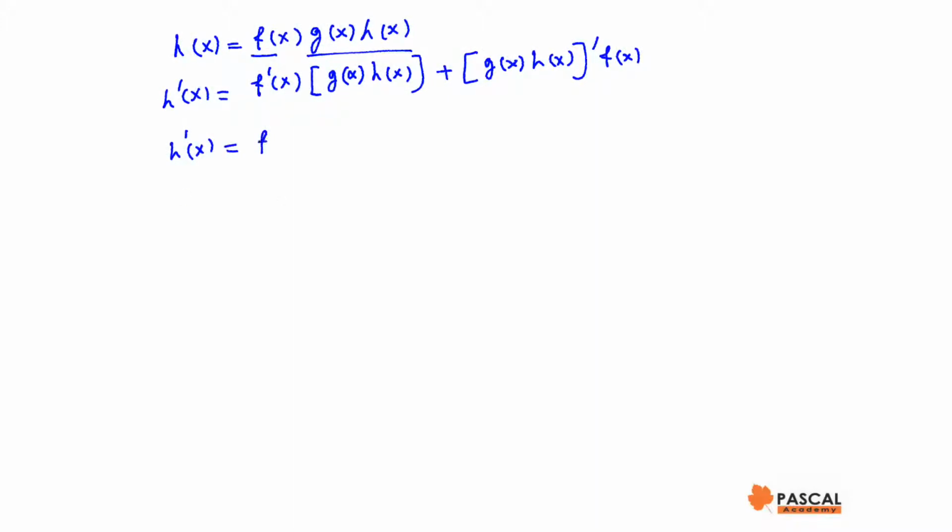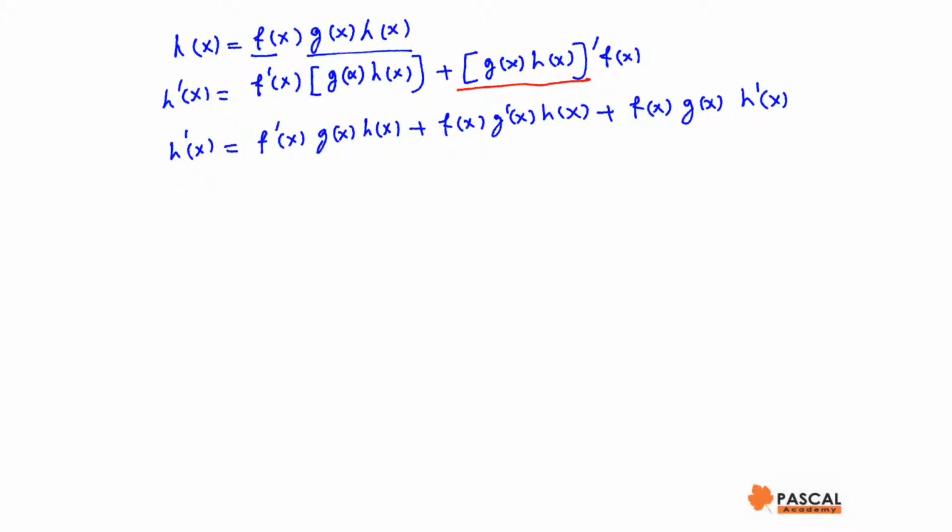This is the same as f prime of x, g of x, h of x, plus f of x, g prime of x, h of x, plus f of x, g of x times h prime of x. Notice that the derivative of g of x times h of x is g prime of x, h of x, plus h prime of x, g of x.